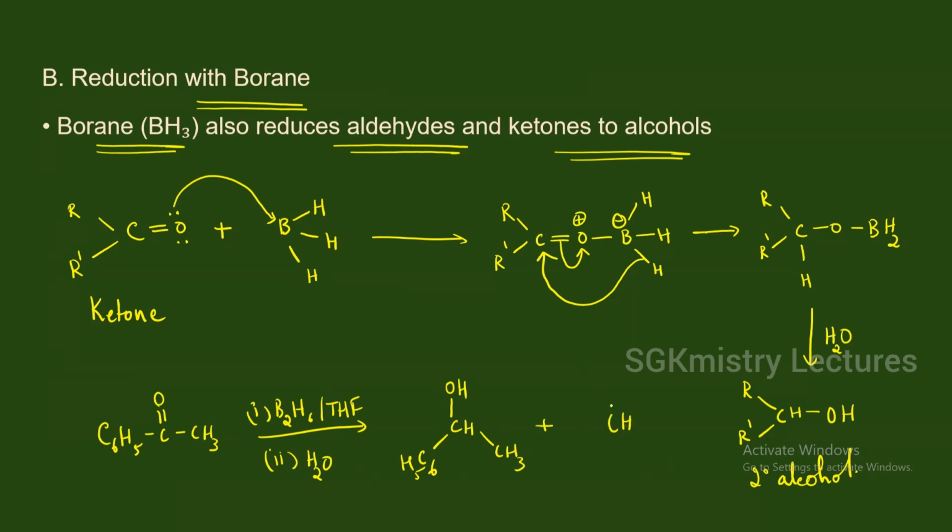This is with respect to the arrangement of the bonds. So here it will be OH, C6H5, CH3. I'll just write it clearly. Okay, like this. So this is with respect to the reduction of aldehydes and ketones by making use of boranes.